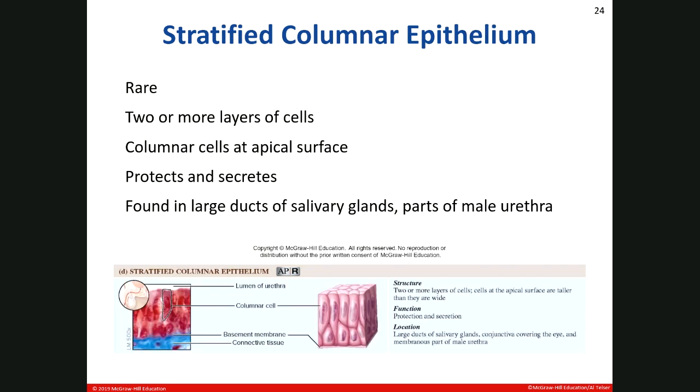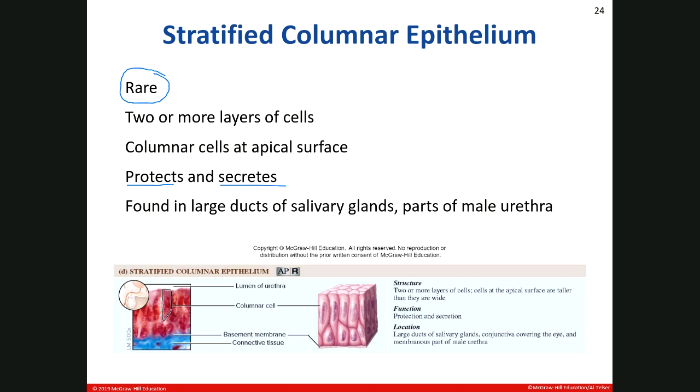The last type of named cell-shaped epithelium is columnar. It's another rare type of epithelium, but it also does protection and secretion. You're going to find this in the larger regions of your salivary glands in your mouth. Columnar epithelium seems to have a predilection for the male urethra.